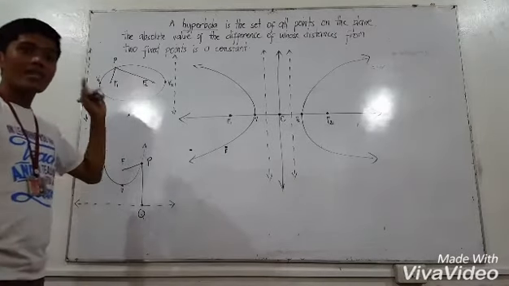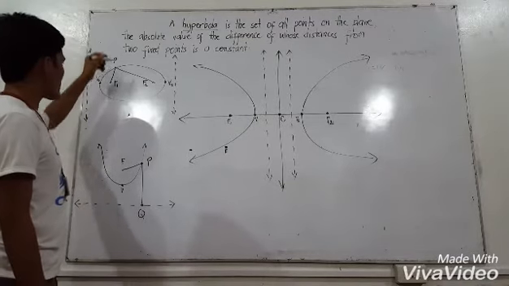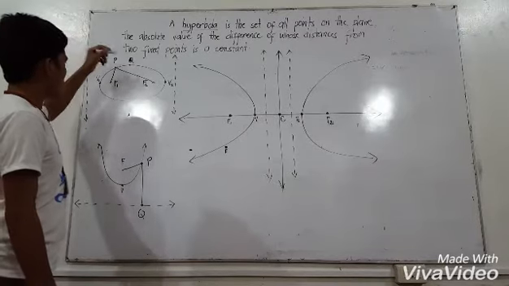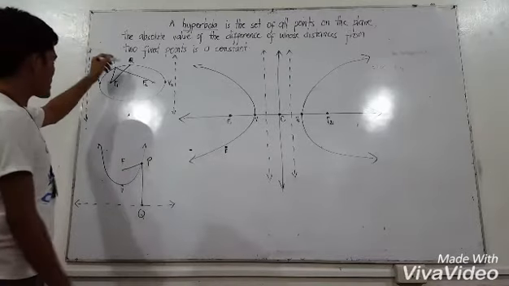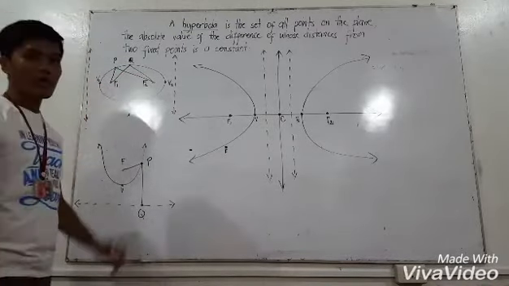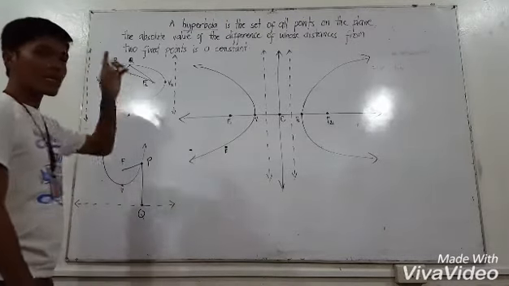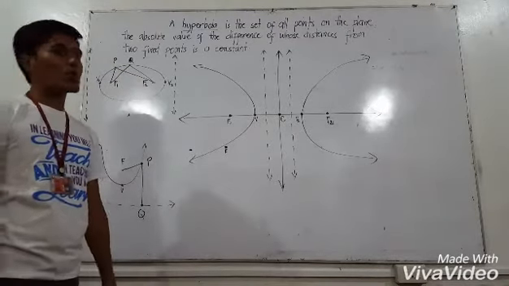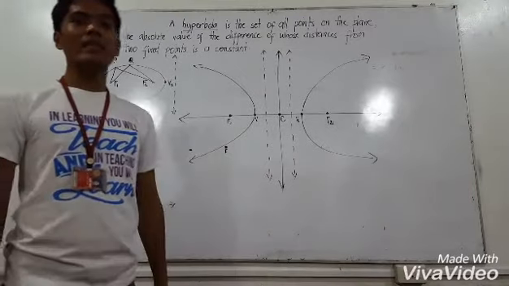This is constant, meaning if I pick another point of the ellipse, for example point Q, then Q to F1 plus Q to F2 will be the same as the previous sum. In other words, PF1 plus PF2 is equal to QF1 plus QF2. Those are the definitions of the parabola and the ellipse.